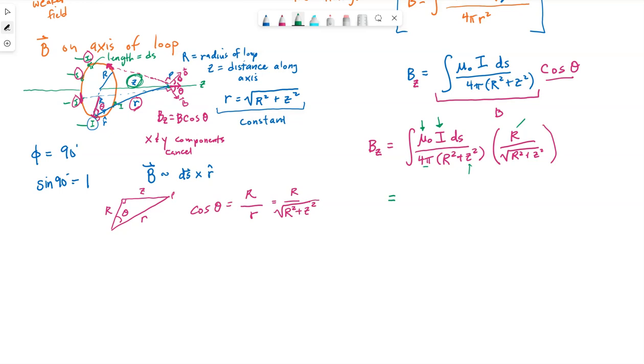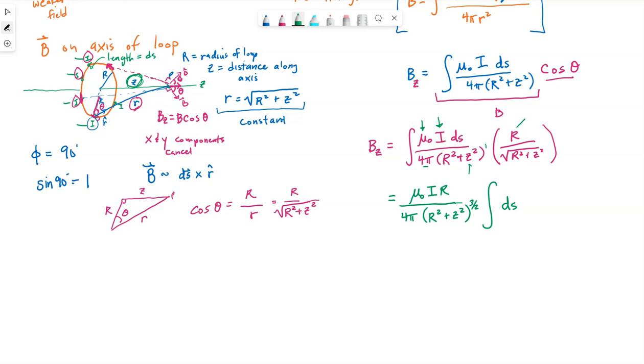What that means is I can pull out mu naught, I can pull out I, I can pull out R. In the denominator, I can pull out all of this stuff. I am going to combine these quantities of R squared plus Z squared. So I have it to the 1 power and then the square root to the 1/2. When I combine these, I get R squared plus Z squared to the 3/2 power. And I'm suddenly left with just the integral of ds.